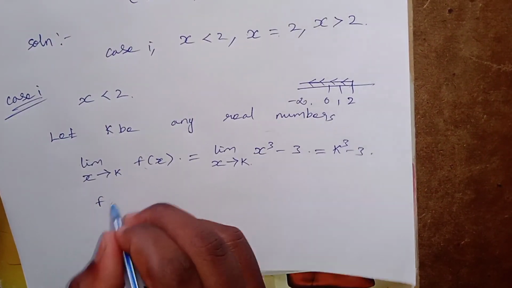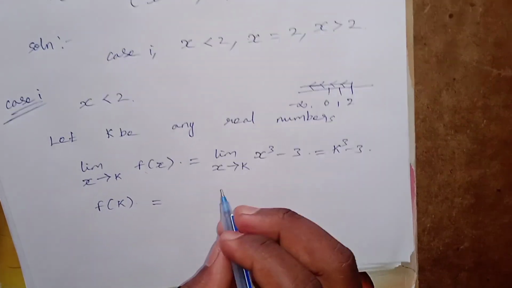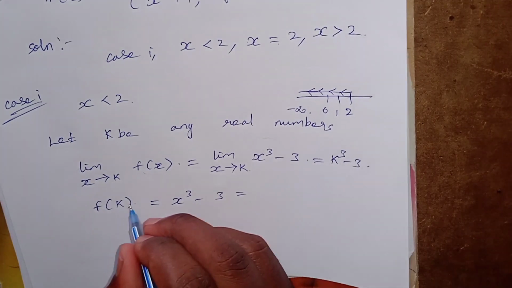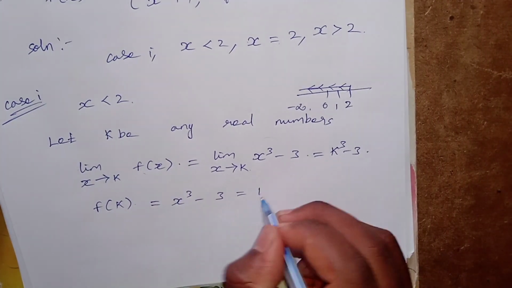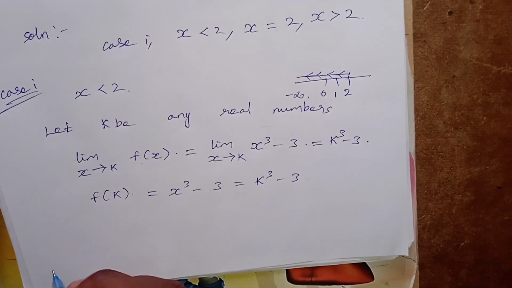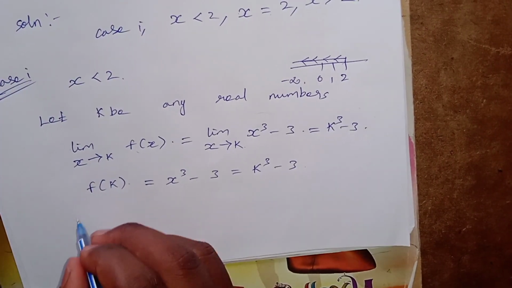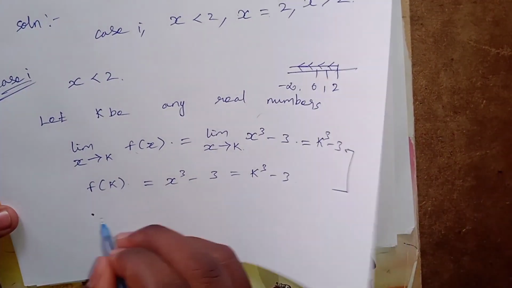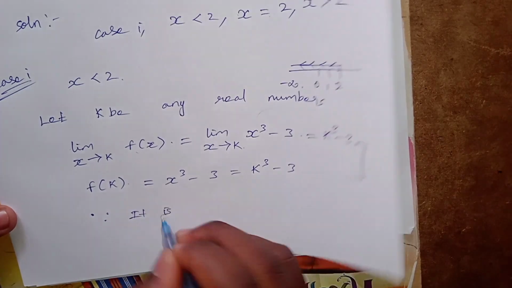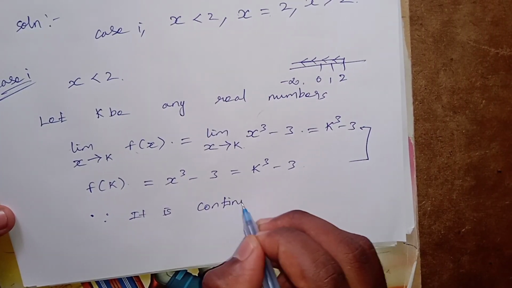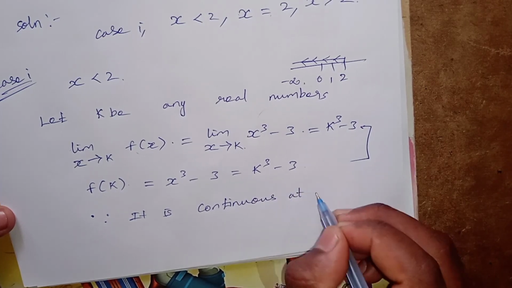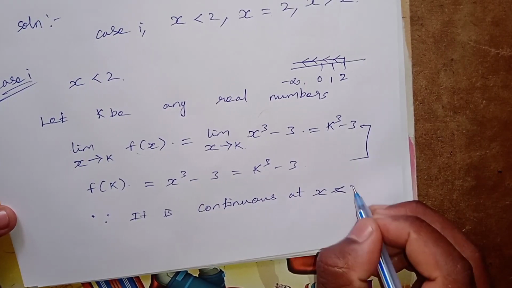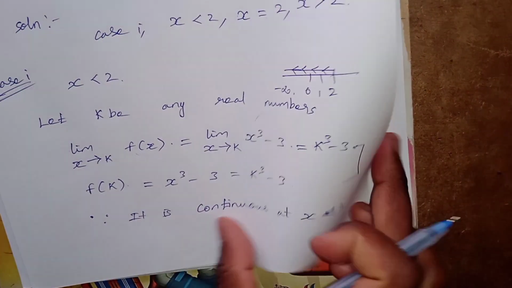Next, f of k, here x cube minus 3, therefore in the place of x you have to substitute your value k, k cube minus 3. Here both are satisfied, therefore here it is continuous at x less than 2. My function is continuous.